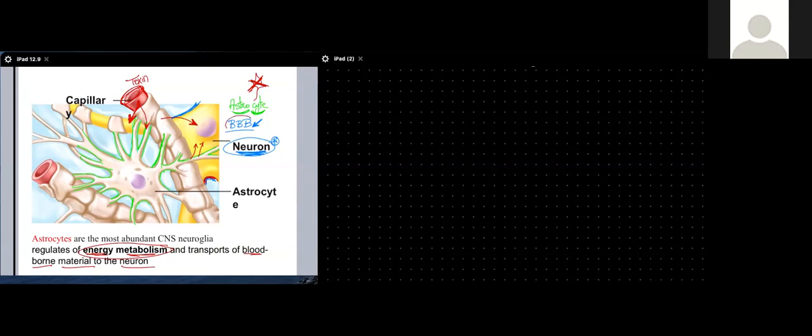They are part of my blood-brain barrier, not allowing everything to pass from the blood to the nerve cells. Make sense? Anybody has a problem with astrocytes? All right, great.